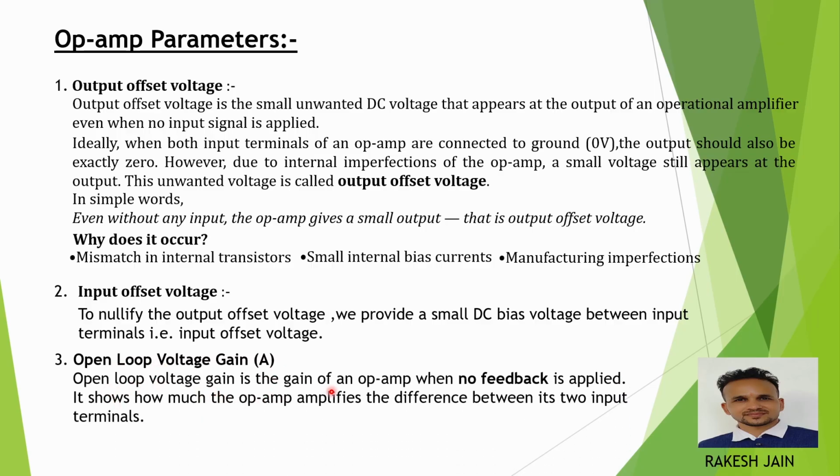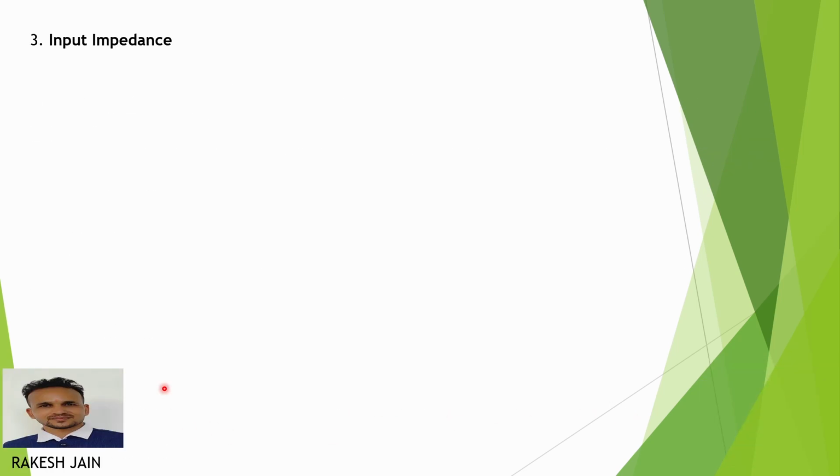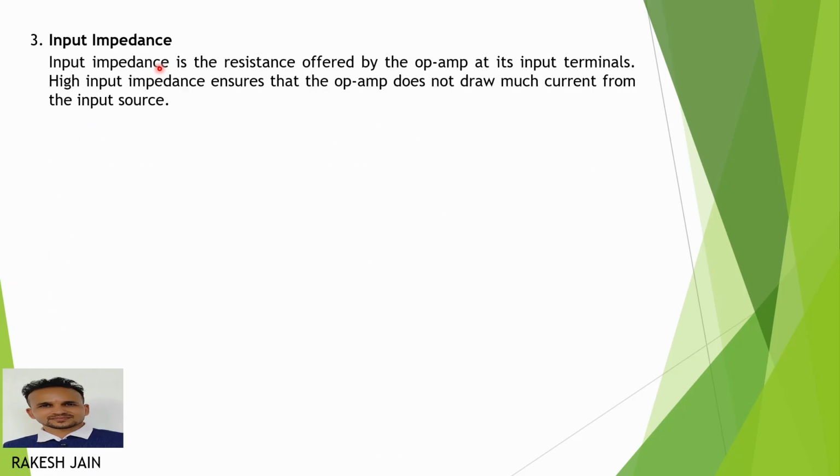Open loop voltage gain is the gain of an operational amplifier when no feedback is applied. It shows how much the operational amplifier amplifies the difference between its two input terminals. Input impedance. Input impedance is the resistance offered by the operational amplifier at its input terminals.